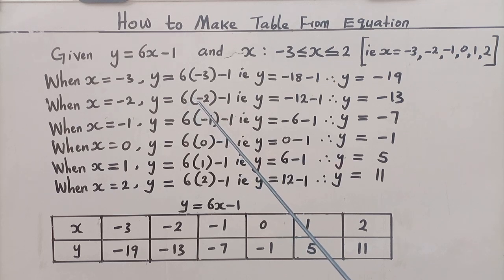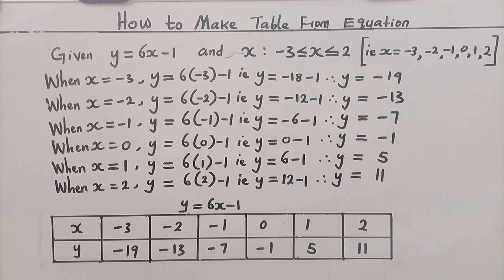So 6 times minus 2, then from the answer we subtract 1. That gives rise to 6 times minus 2 is minus 12. Then this minus 1 is still there. So y is equal to minus 12 minus 1. What's the answer? y is equal to minus 13.